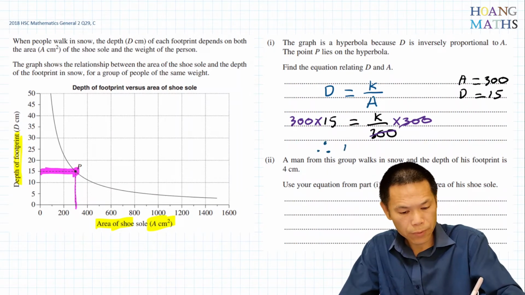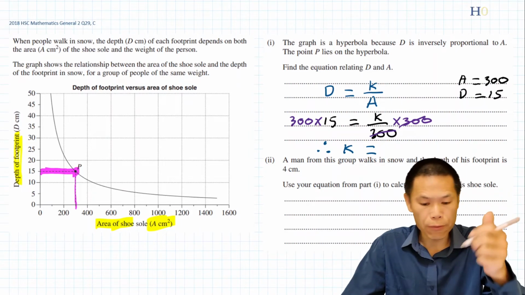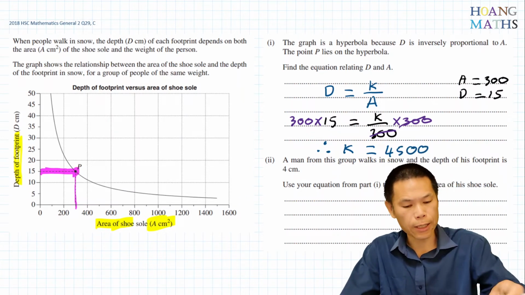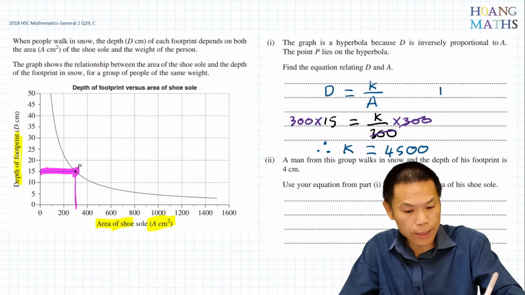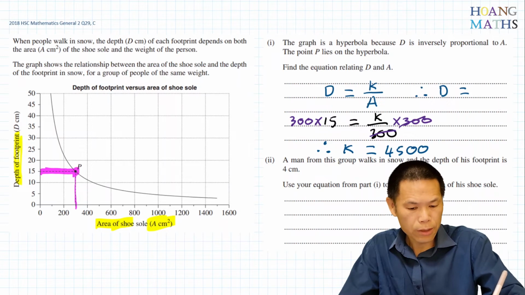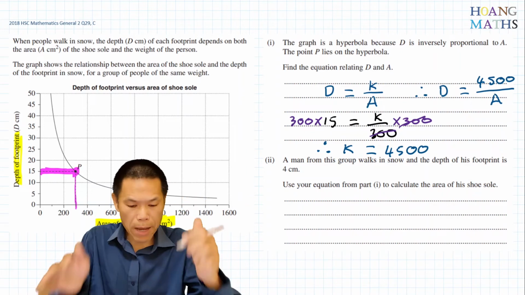Therefore, K is equal to 15 times 300, which is 4,500. Otherwise, you can just put that in a calculator. So the rule is D is equal to 4,500 over A. There you go.